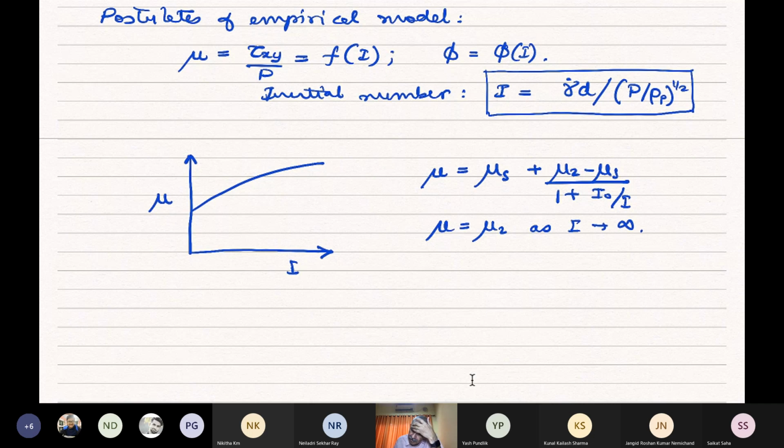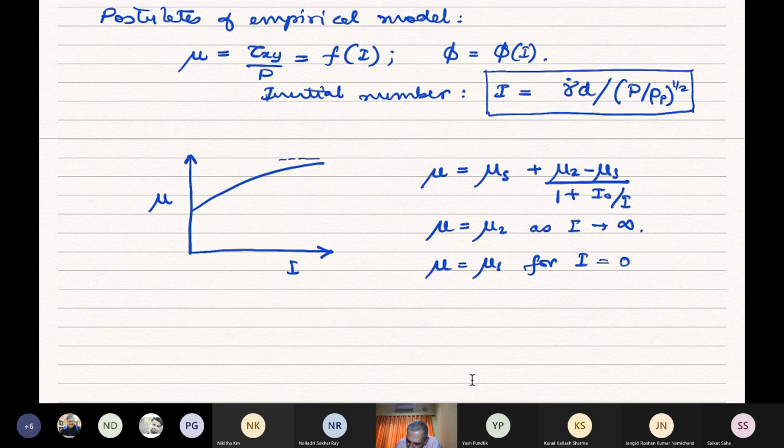And if you put I equal to 0, then this term becomes infinite. So this whole term drops out, and you see that mu is equal to mu s for I equal to 0. So those are the two limiting cases.